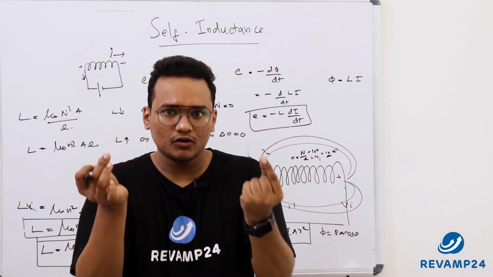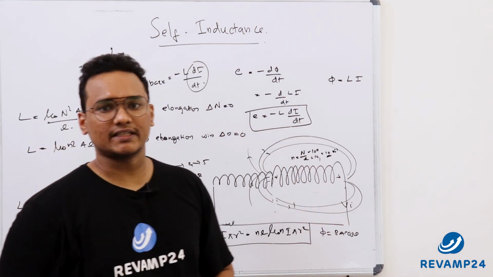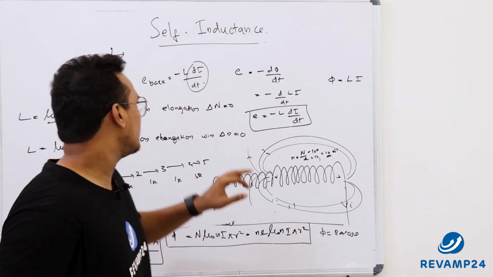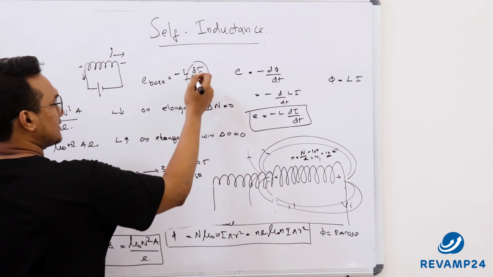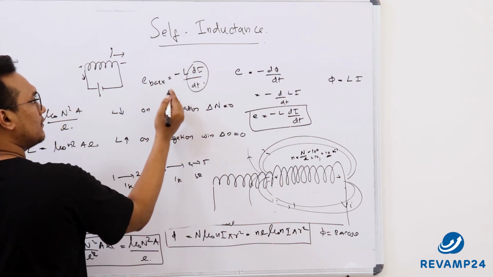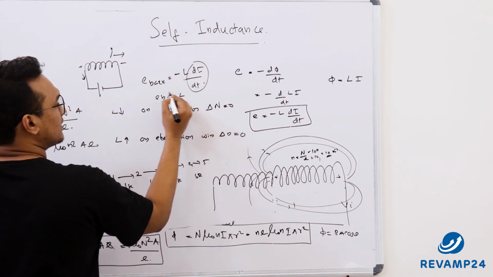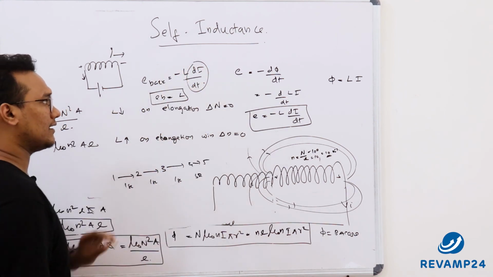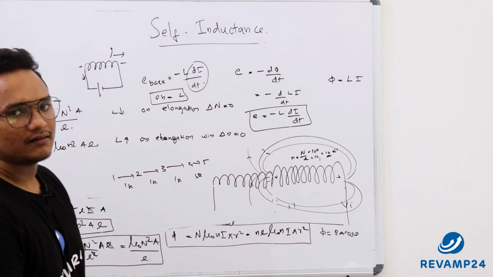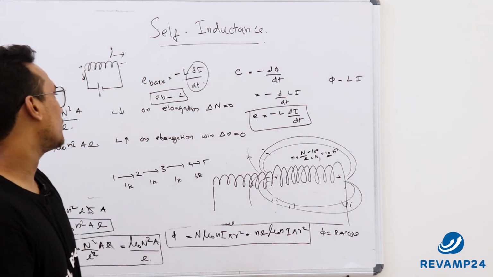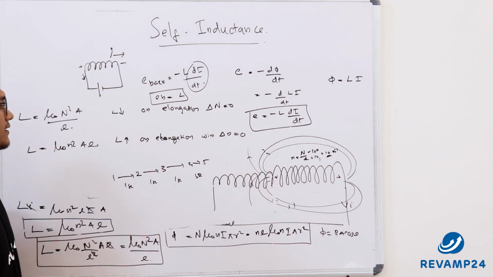Now in that circuit, if you are measuring that induced EMF, back EMF, that will be equal to self-inductance. See, keep di by dt as 1, then back EMF is equal to L itself. Minus you can neglect, that means it is back EMF. The moment I say back, I can ignore the minus. So this is a very important derivation. Okay, thank you.